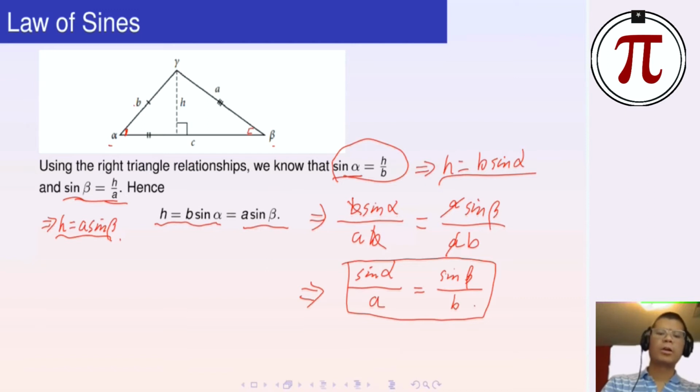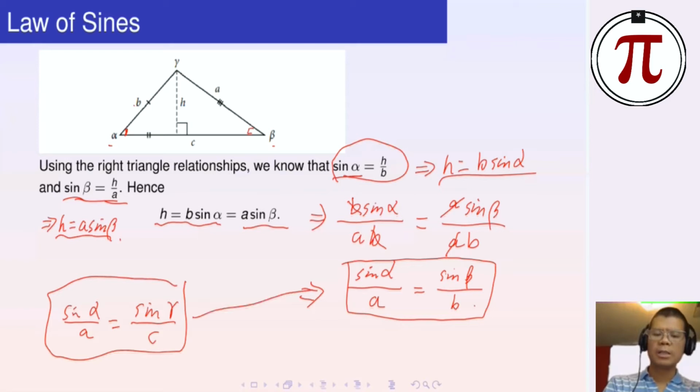Now similarly, you can also prove that sine alpha over A equals sine gamma over C. This one is also true.